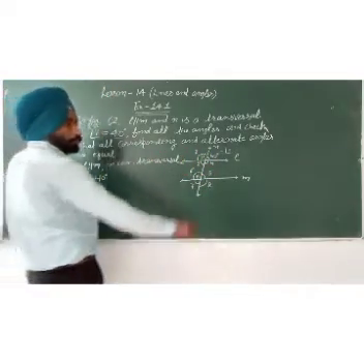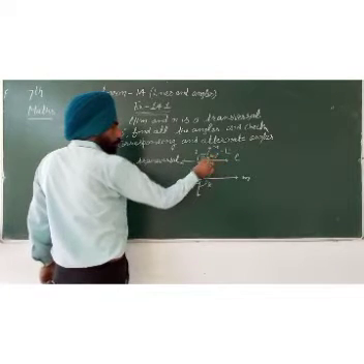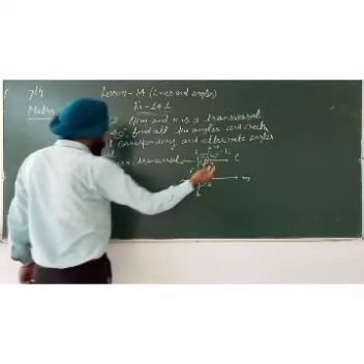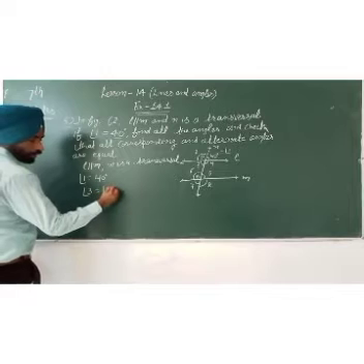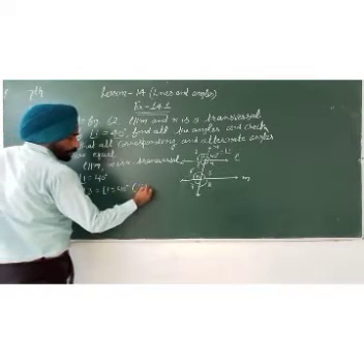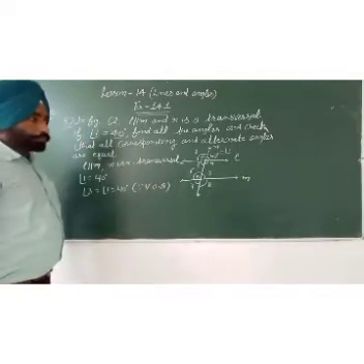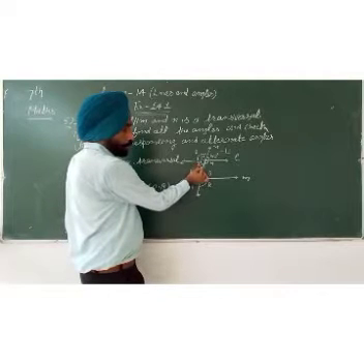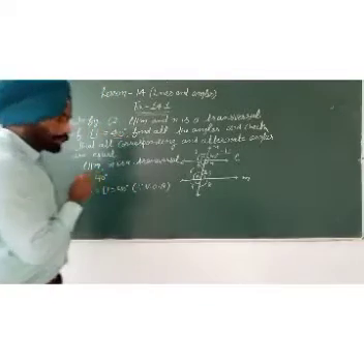Now beta, angle 1 is equal to 40 and opposite to angle 1 is angle 3. You know vertically opposite angles are equal. So angle 3 is equal to angle 1 is equal to 40. Why? Vertically opposite angles. And angle 3 and 5 both are alternate interior angles.